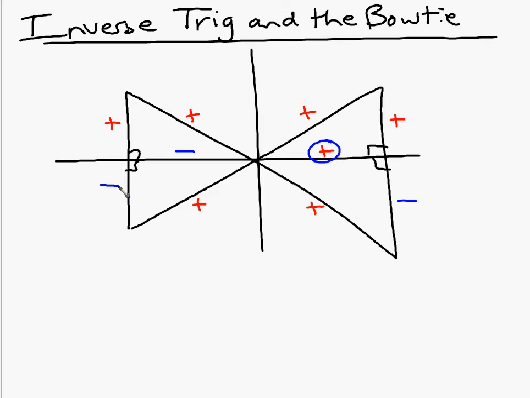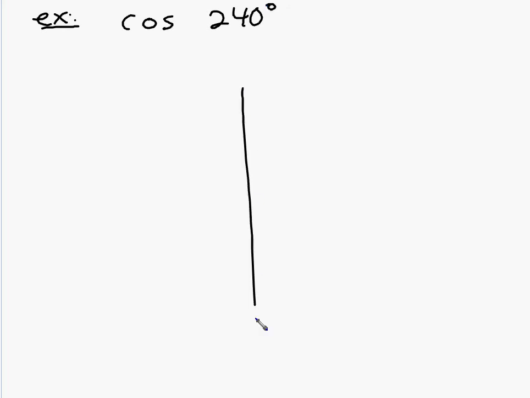But what I want to do real quick is just start with a sample problem like the cosine of 240 degrees. And we're doing this without a calculator, using the bow tie. So 240 degrees, we have to think, first off, which quadrant are we in?